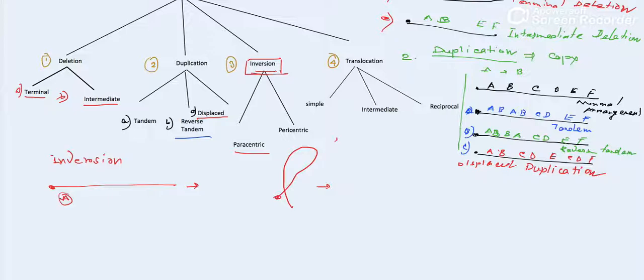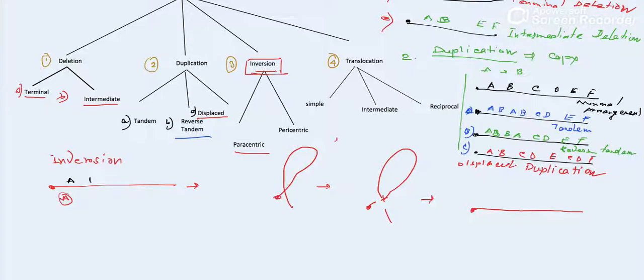In the third step, a cut occurs in the chromosome, and this part is twisted, and then they are attached but in a different fashion. If we write the gene names here, we can easily discuss it.